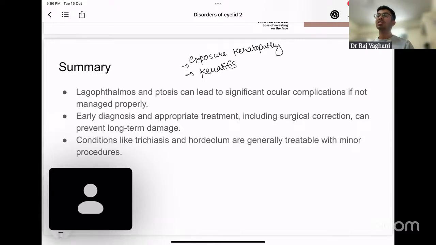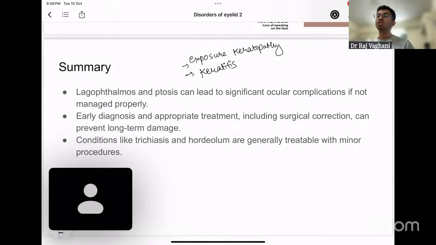What is the lacrimal gland? What is the anatomy of the lacrimal gland? We'll discuss all these topics in our next class, and we'll also discuss the questions and answers of the topics related to the lacrimal apparatus that have been asked in your previous year questions.